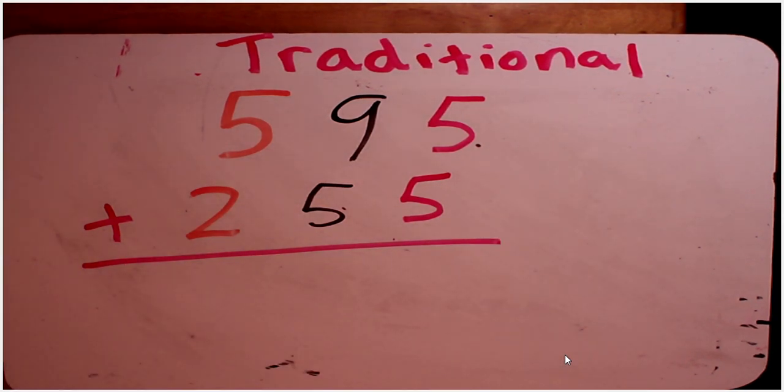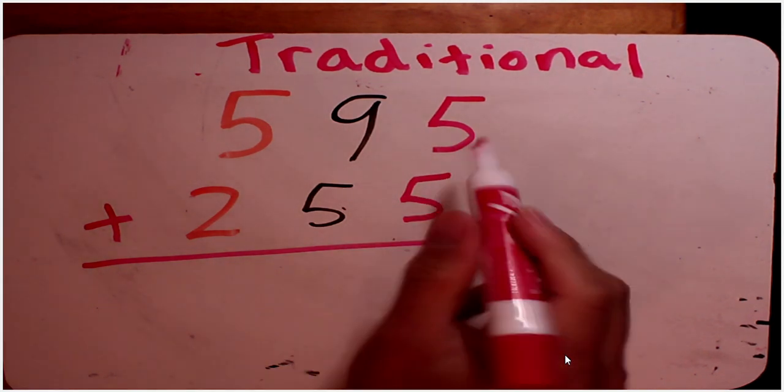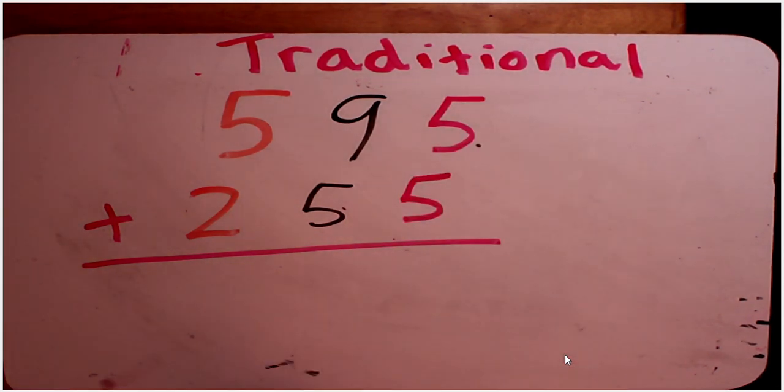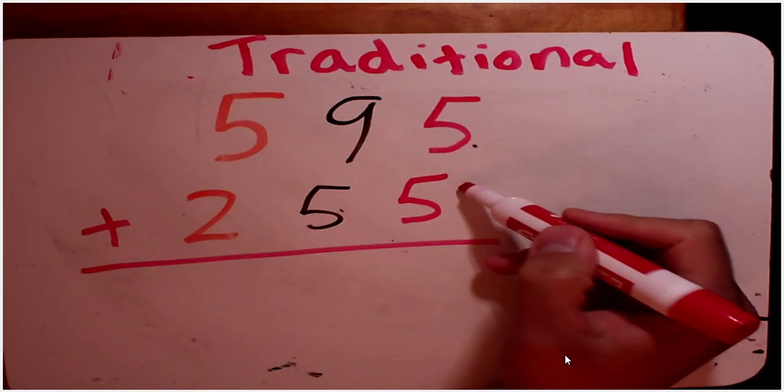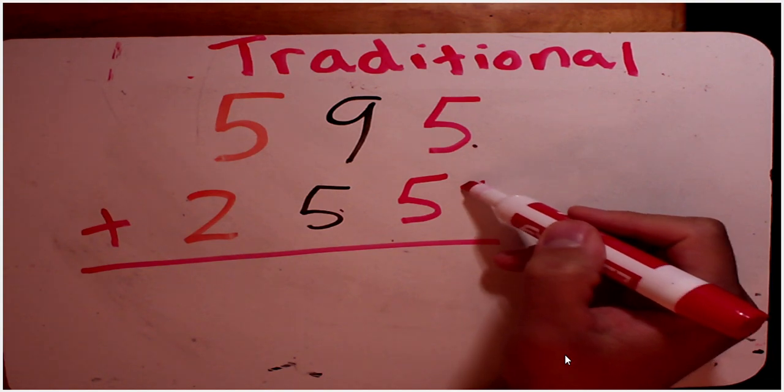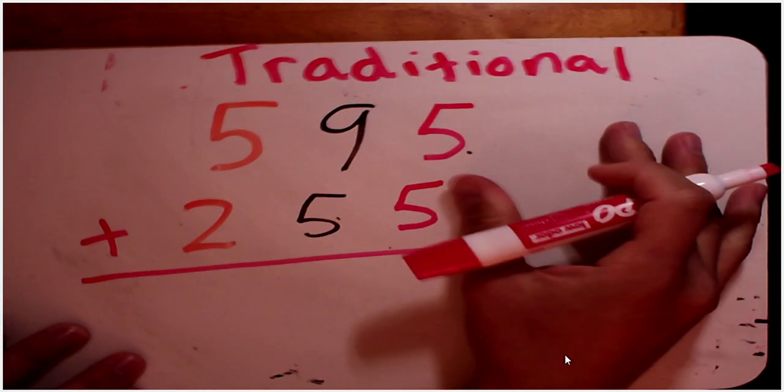So we have 5 ones plus 5 ones. I like to start with the larger number and count on if you don't know that automatically. So 5 and 5 are the same, so I'm just going to count on 5 times. 5, 6, 7, 8, 9, 10. I have 10 ones.